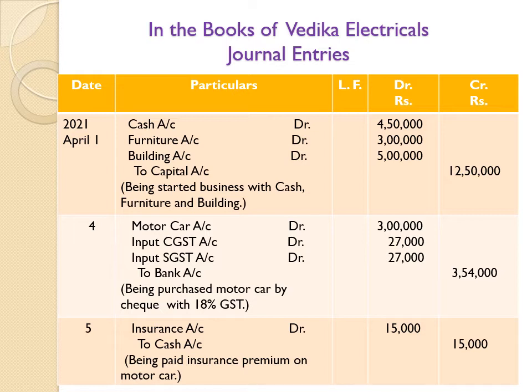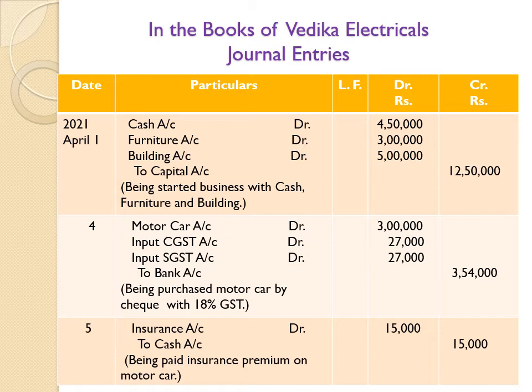So we have passed the entry: motor car account debit rupees 3 lakh. Input central GST account debit 27,000. Input SGST account debit 27,000 to bank account 3 lakh 54,000, being purchased a motor car by cheque with 18% GST.